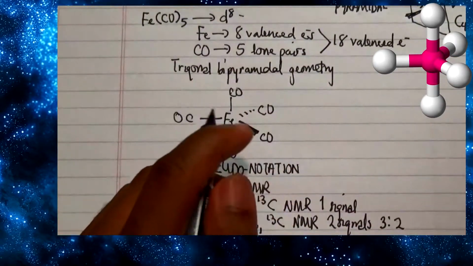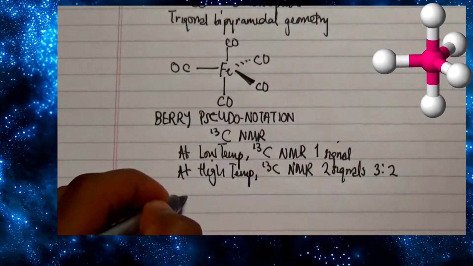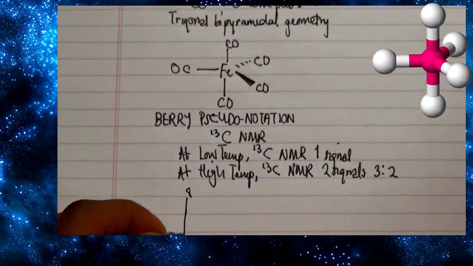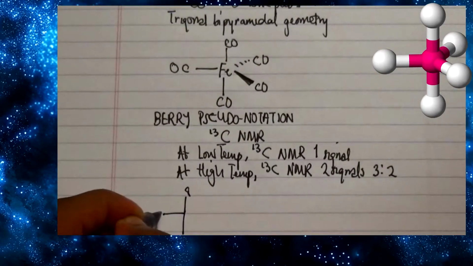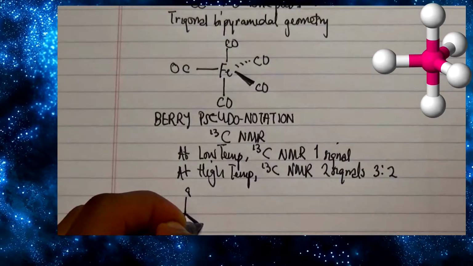and equatorial positions. If I want to draw it over here, we can have our axials here and our equatorials, which are the key ones we're going to focus on.